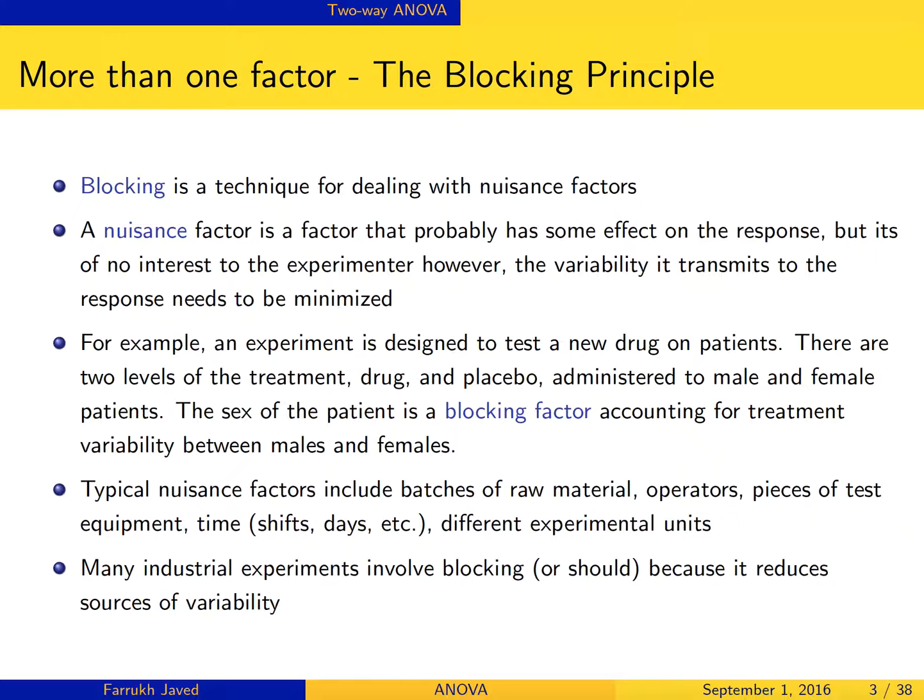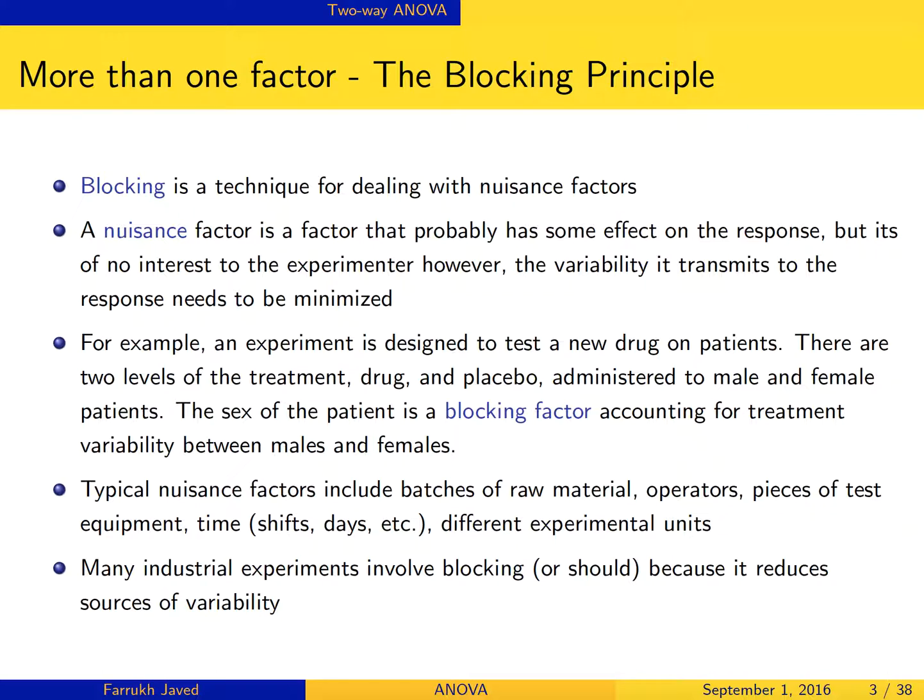Now think again. Consider the same example. I have a patient, and the patient was investigated with respect to factor number one, which was drug, at three different levels, but also with factor number two, which was diet, at three different levels, right? Now you have two factors, and your response is your patient.